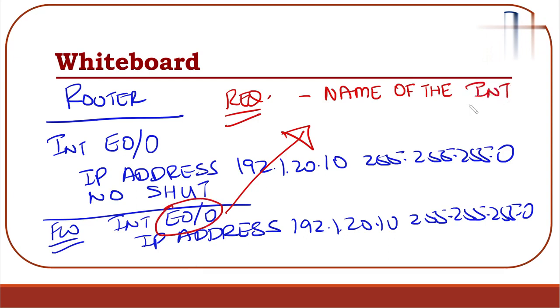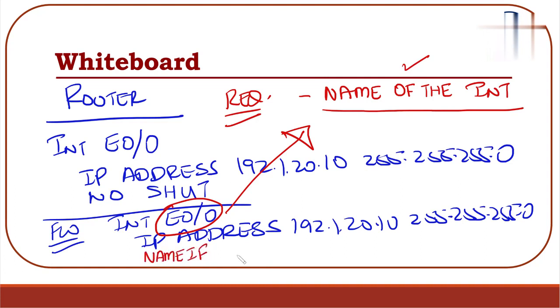So all the other commands that pertain or point to the physical interface will use the name of the interface. For example, on a router, when you create an ACL and you want to apply the ACL, you apply it to E0/0. Here, you're not going to apply it to E0/0, you're going to apply it to the interface name. And that's done by using a command called nameif.